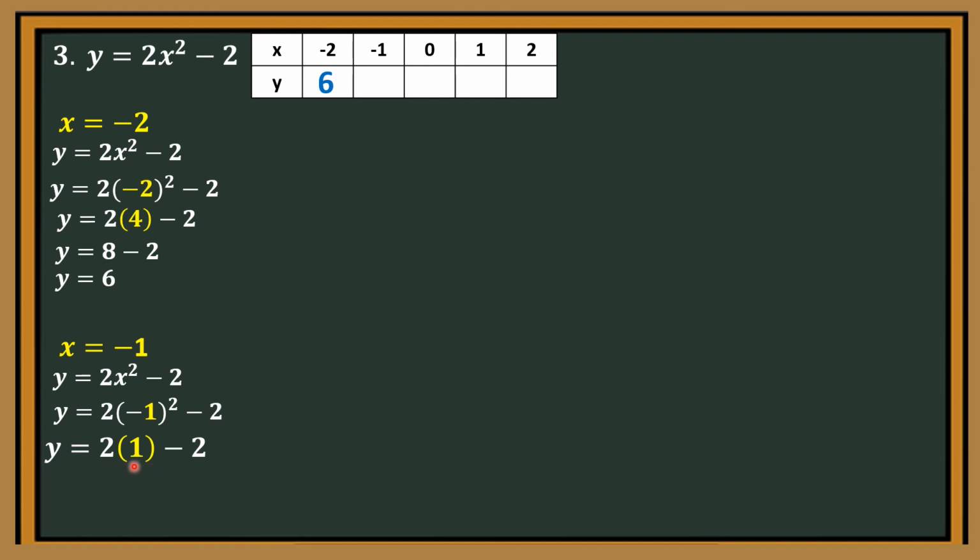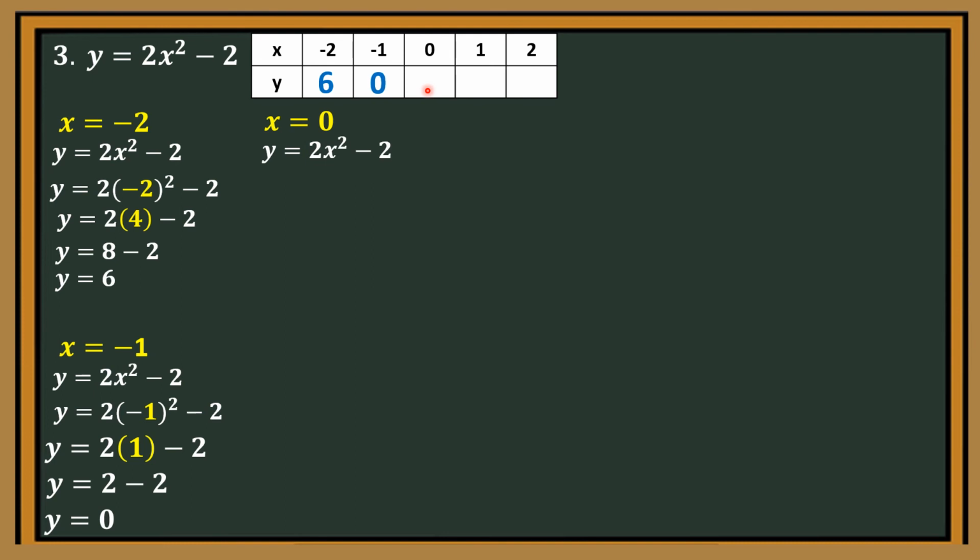Saan natin nakuha yung 1? Dito, kay negative 1 squared. Negative 1 squared is negative 1 times negative 1, kaya siya positive 1. Then, multiply natin itong dalawa. So, magiging y is equal to 2 minus 2. Then, subtract, y is equal to 0. Lagay natin sa table.